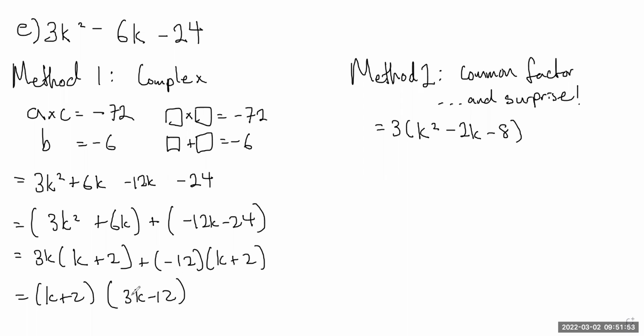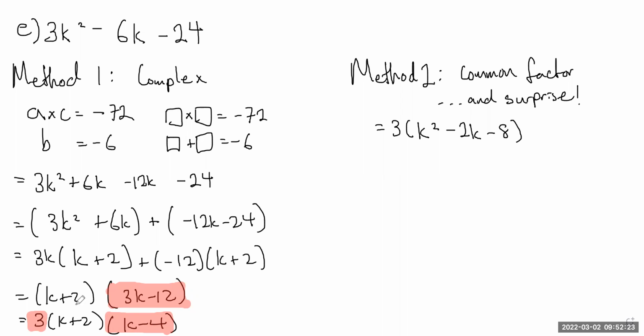If I want to go one step further, take a look. 3 and negative 12, I can common factor something from that. We have 3, k plus 2, and k minus 4. In case you're wondering why that's a little bit different, I just took this and common factored a 3 out. It's nothing you haven't seen before, so I think you can handle that.